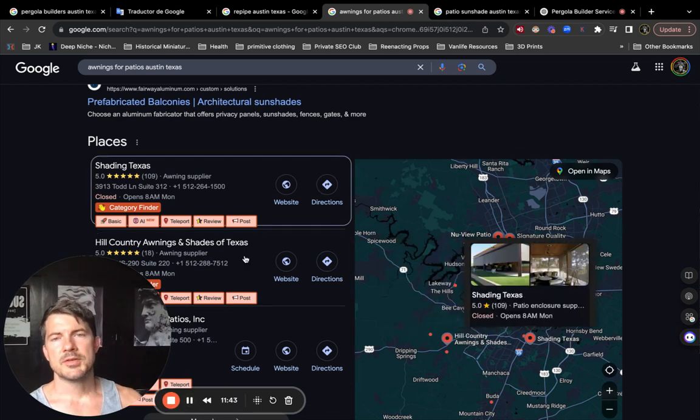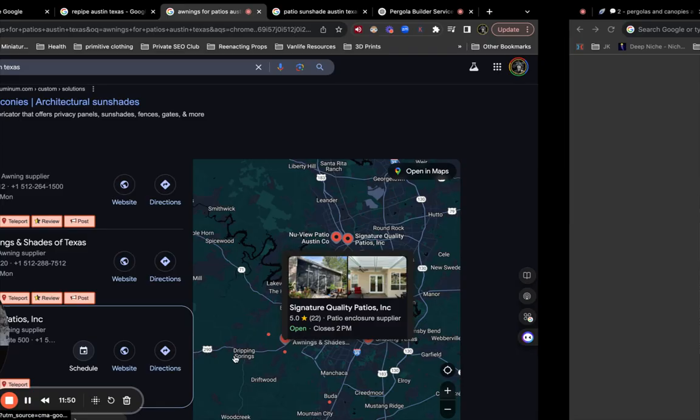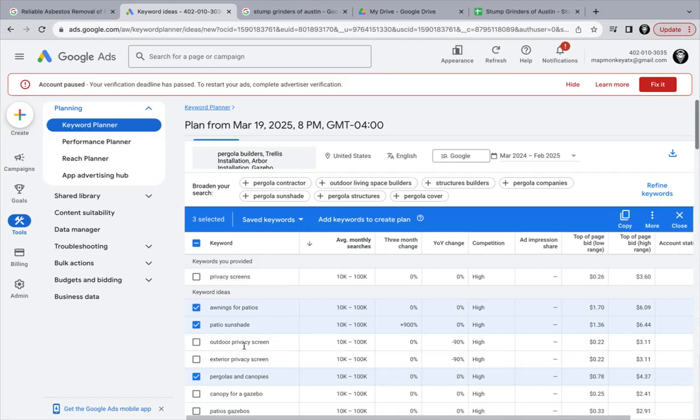Now, obviously, I'm picking out my main keyword or keywords, and I'm planning my homepage, my main page, at least for that service area. If you have multiple cities you operate in, then you'll probably have location pages for each of those cities.